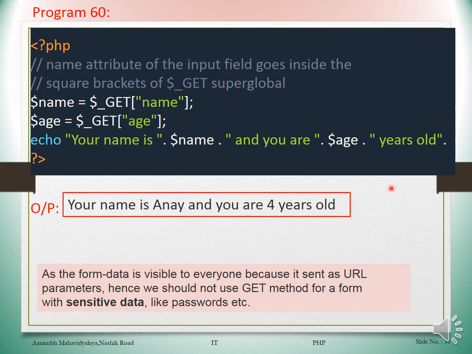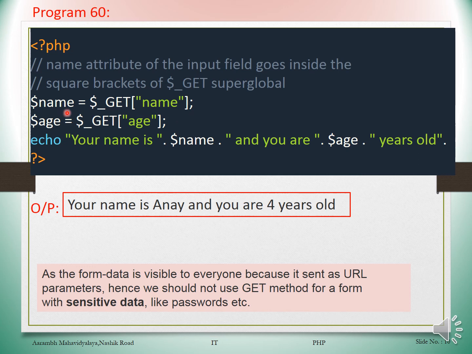Now let's see one more example. Here PHP is initialized, then a comment is provided that the name attribute of the input field goes inside the square brackets of the get superglobal. The first variable is provided as name equal to $_GET of name.